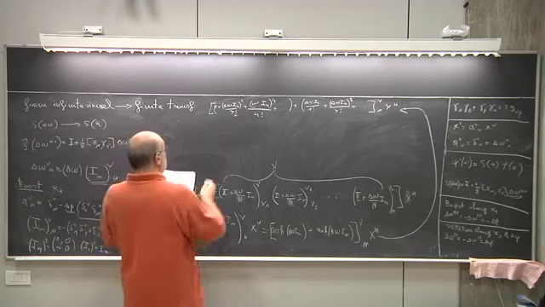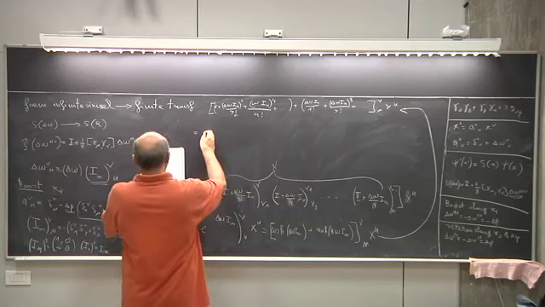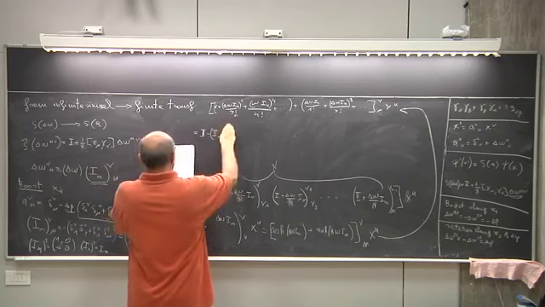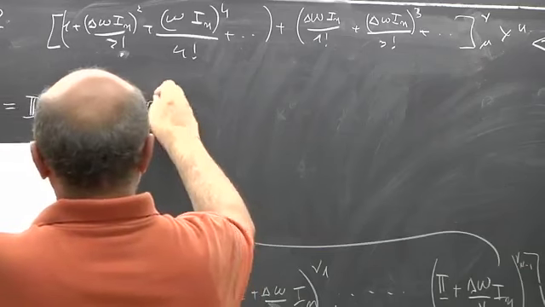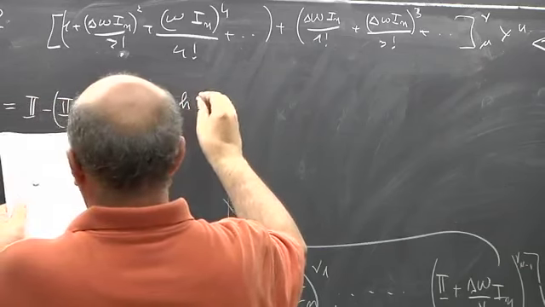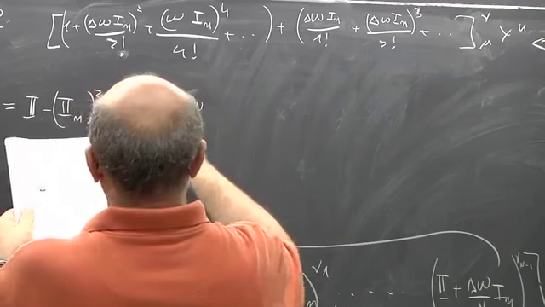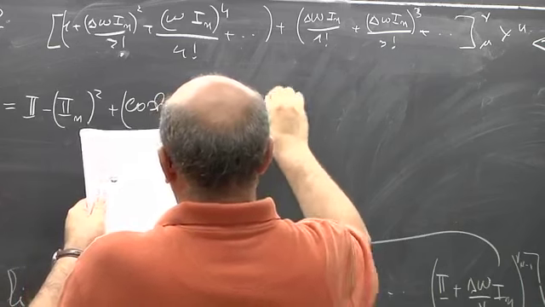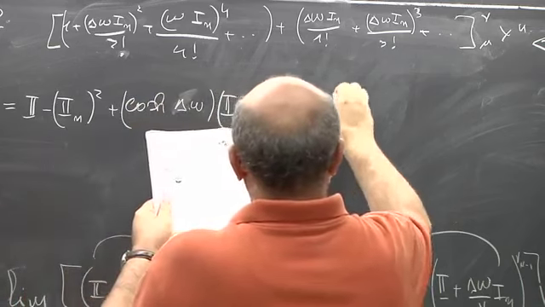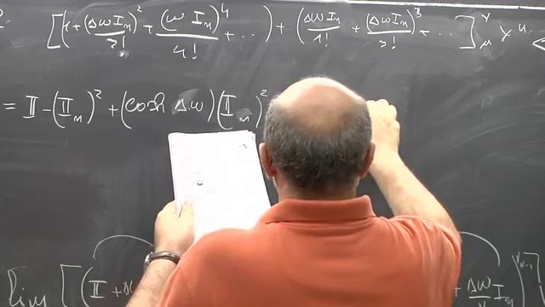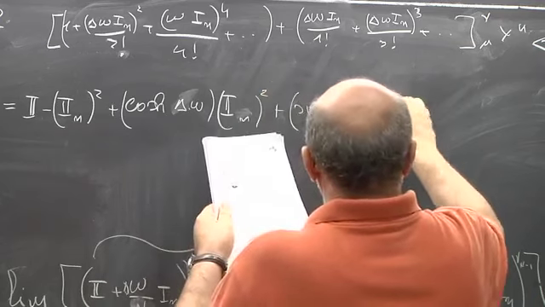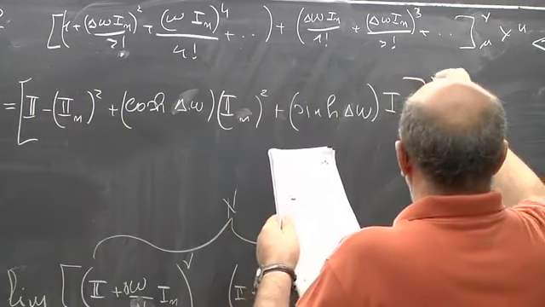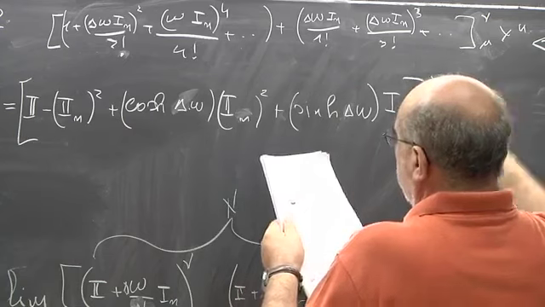So you can pull out, and what you get of this result is the following: the identity minus In square plus cosine hyperbolic of delta omega In square plus sine hyperbolic of delta omega In, all these nu mu x mu, okay?